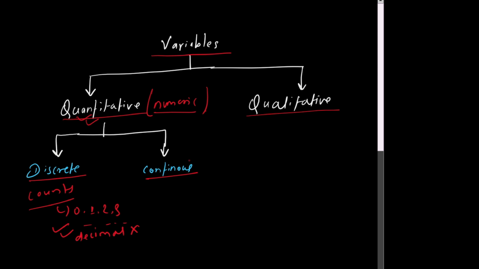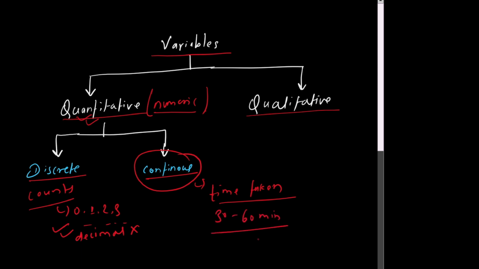Similarly, continuous variables are those variables whose numerical data varies from one point to another. Suppose the time taken by a student to complete an exam, maybe it ranges from 30 to 60 minutes.